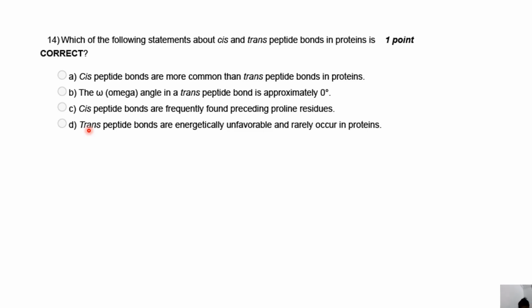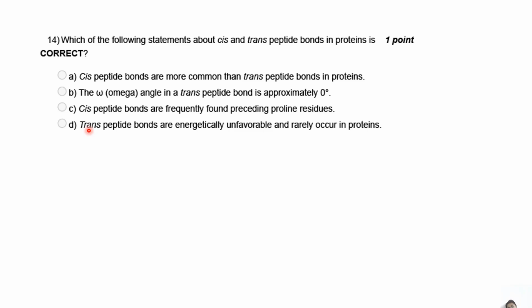Okay, so we'll discuss the answer now. Let's talk about the first sentence. Cis peptide bonds are more common than trans peptide bonds in proteins. False, because trans is much more common, over 99%. Like cis is very rare.